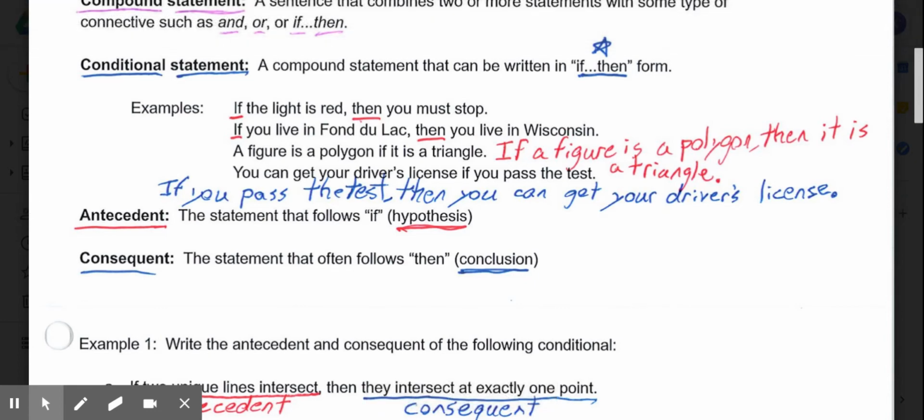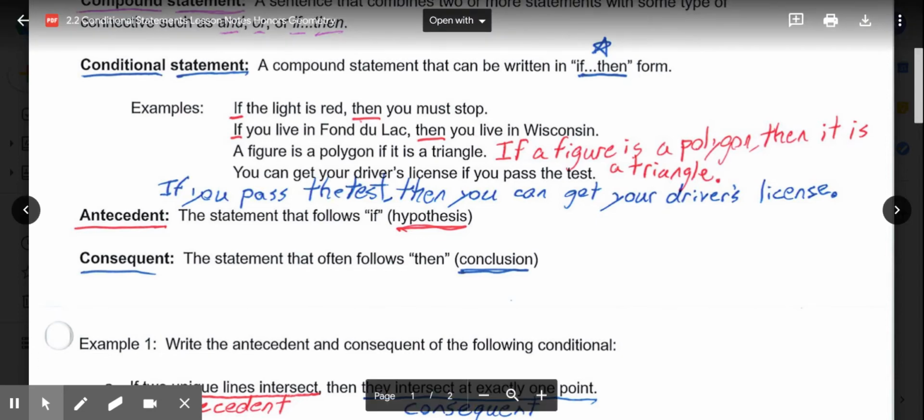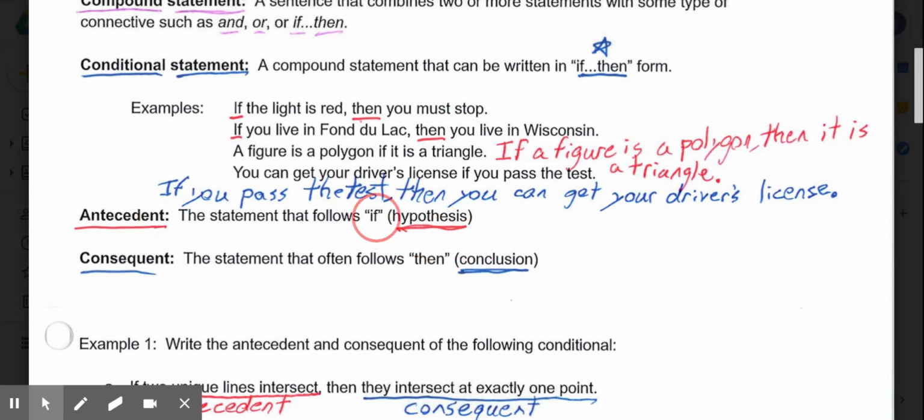The antecedent is the statement that follows the if. It's also the hypothesis of our conditional statement, so antecedent is the same thing as the hypothesis.